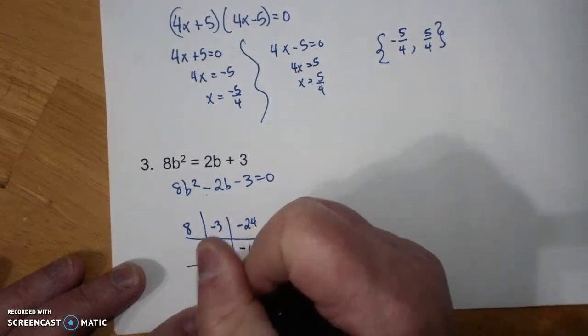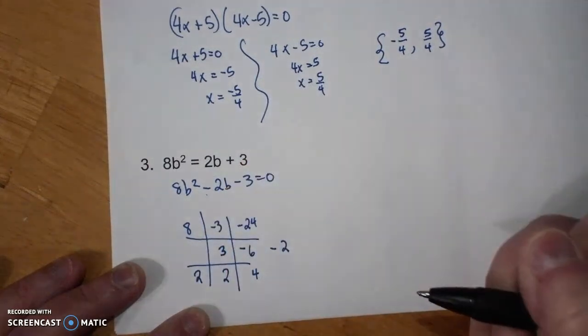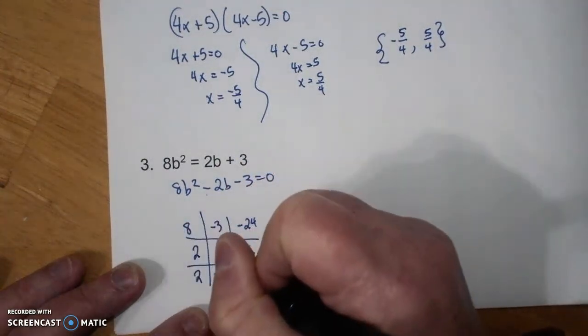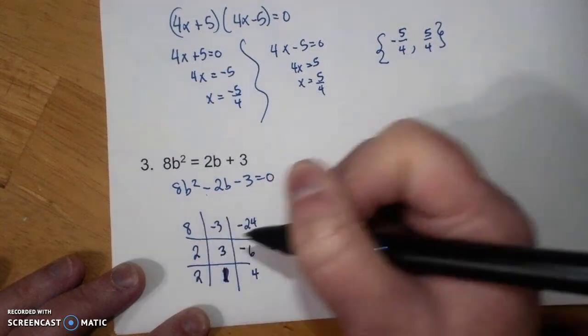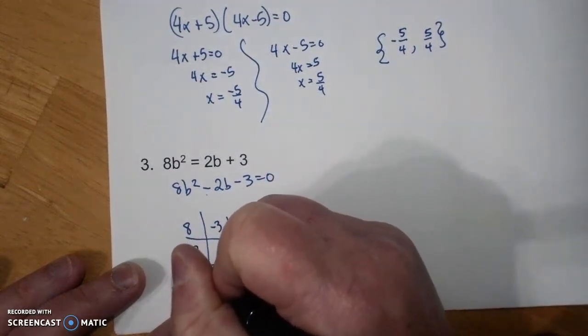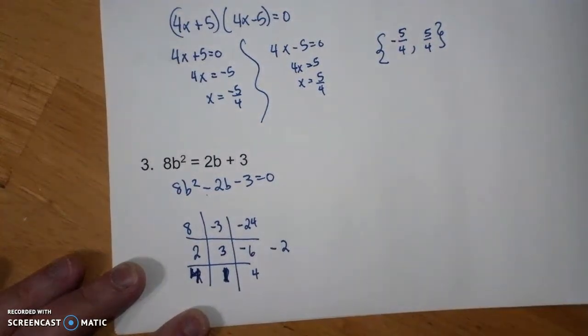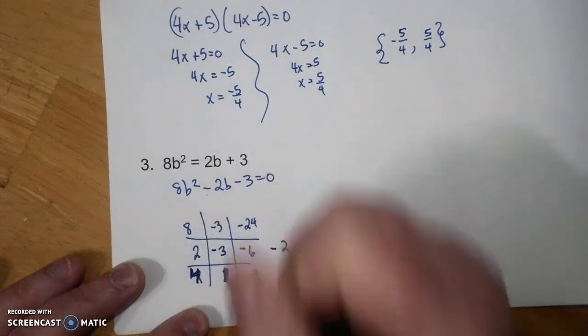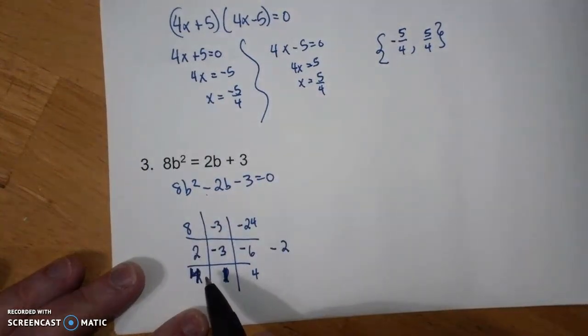That's a 2. That's a 2. That's a 2. That's a 1. That's a 4. Two times negative 3, 4 times 1.